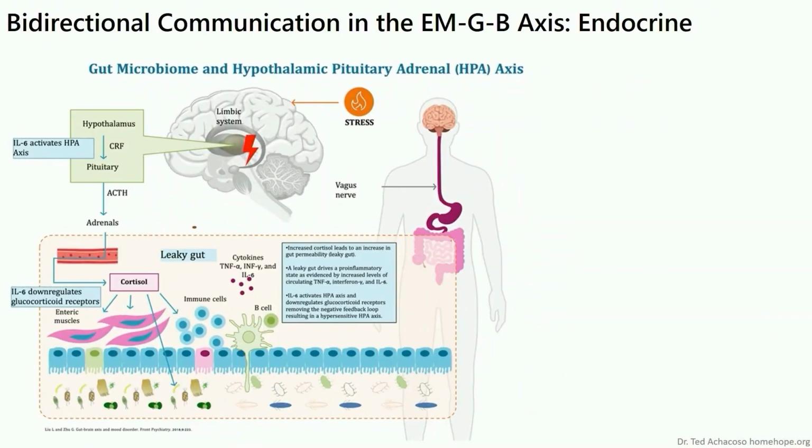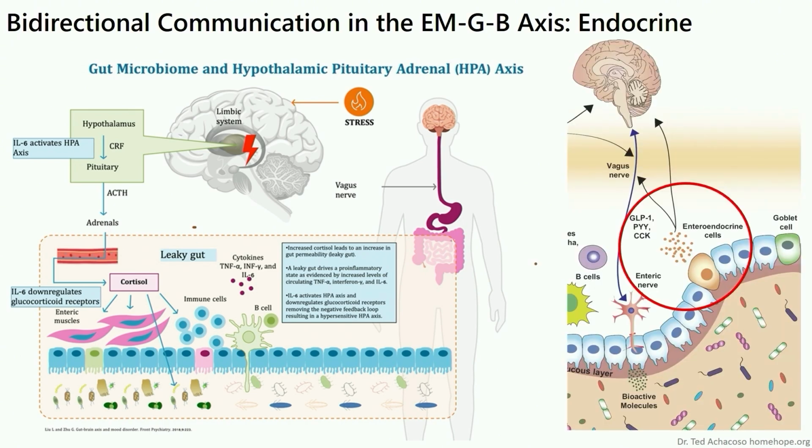Now, there's a bidirectional communication via the endocrine system. You have the hypothalamo-pituitary axis, of course, the cortisol release, and so on. And those actually basically affect your microbiota, and what your microbiota do actually produce metabolites that then are sent back to the brain. This is what I'm going to emphasize here: you always think that it's coming from the brain.